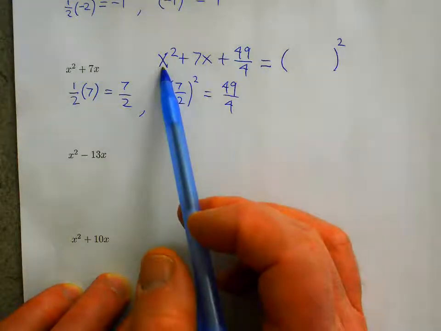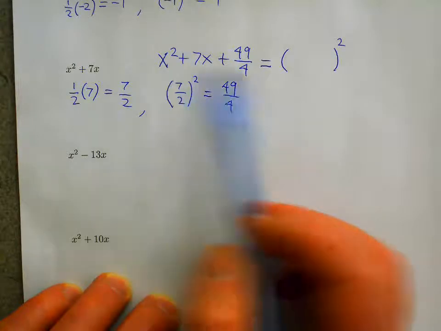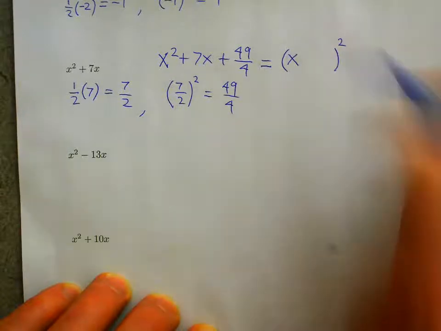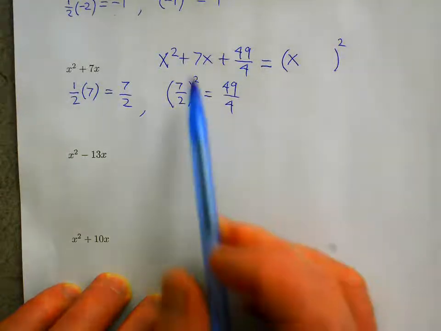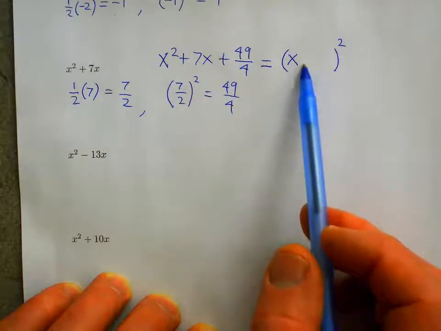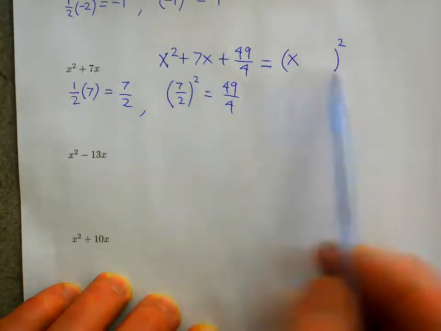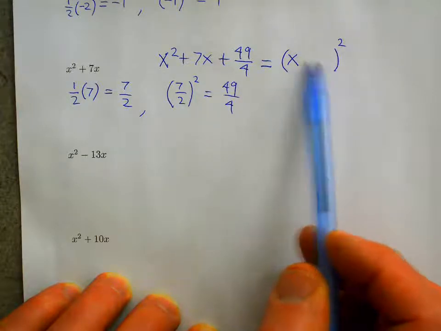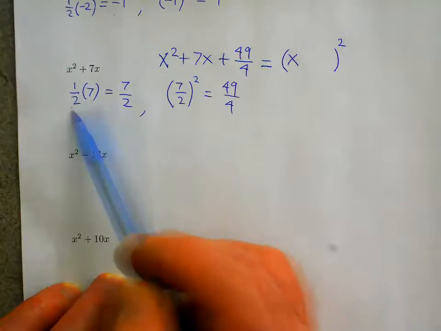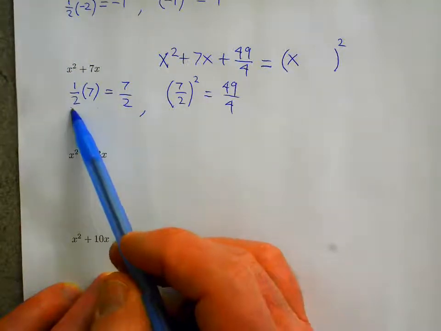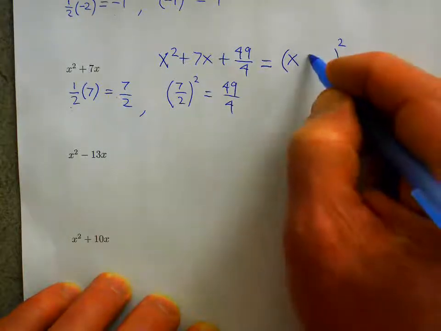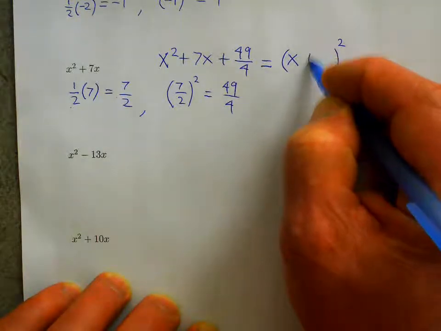Since the first term is x squared in the trinomial, the first term in the binomial is x. And then how do we determine what follows x? Well, what follows x for the binomial is the same number that we got when we took 1/2 of 7. We took 1/2 of 7 and got positive 7/2. So that means over here in the binomial, we have x plus 7/2.